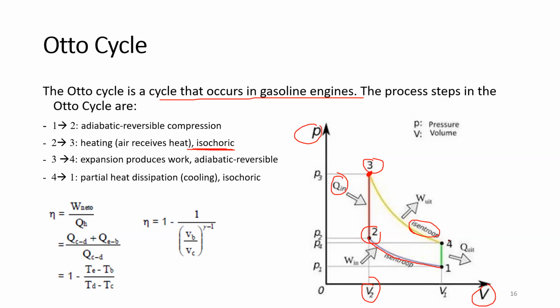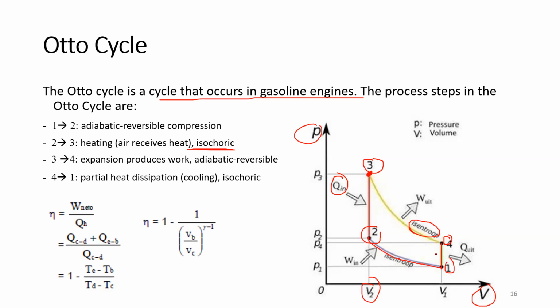Okay, and the last one, step number 4, from point 4 to point 1, is where all the waste heat is expelled from the engine chamber, or we call it dissipation or exhaustion. As the heat leaves the gas, the molecules lose kinetic energy, causing a decrease in pressure, but at constant volume.